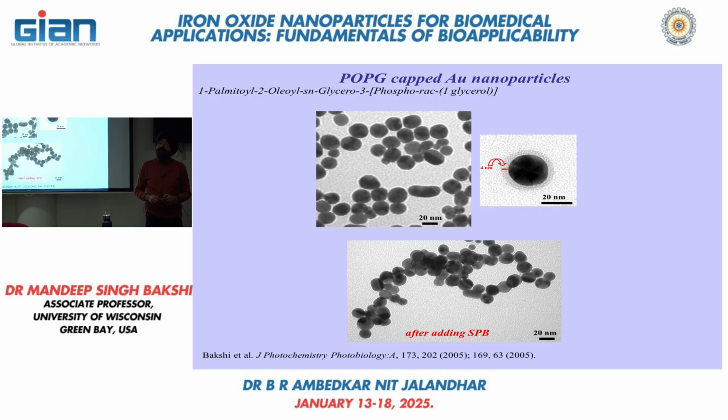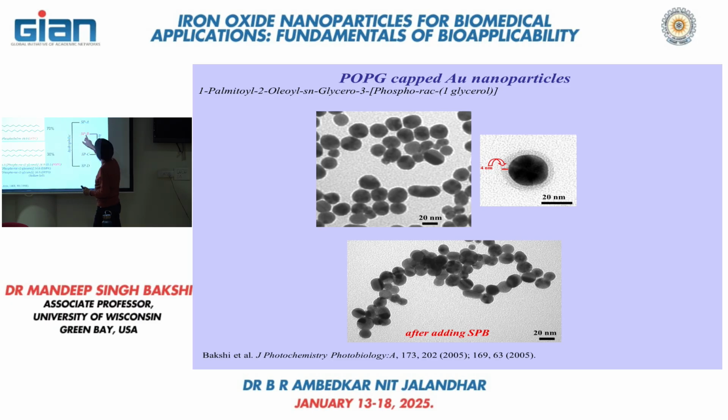The most strange results were when we added the surfactant protein, SPB. This represents the surfactant protein which I am mentioning over here. SPA, SPB, SPC, and SPD. We picked the SPB, it is much more surface active.